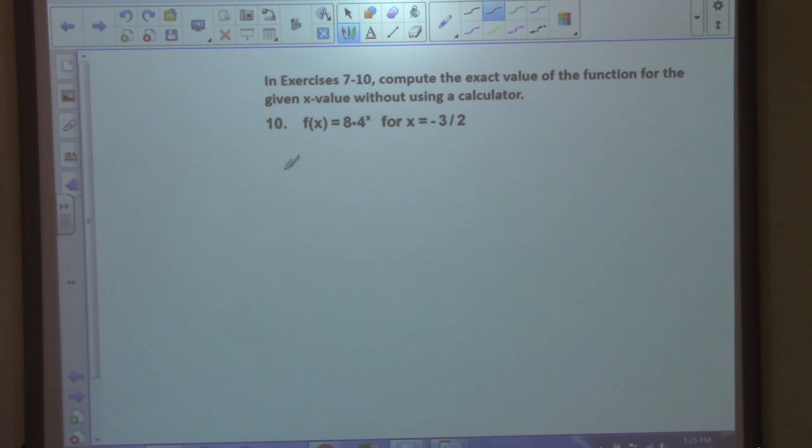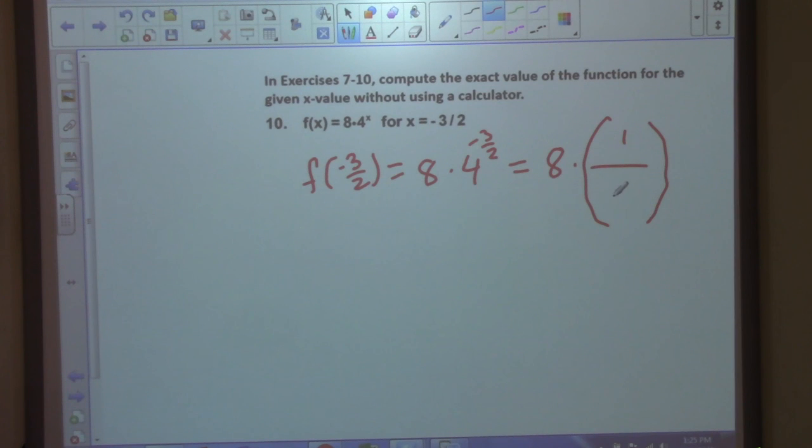And then this last one here, I'll just go over that one real quickly. So we have f of -3/2 is equal to 8 times 4 to the -3/2, which is the same as 8 times 1 over 4 to the 3/2.